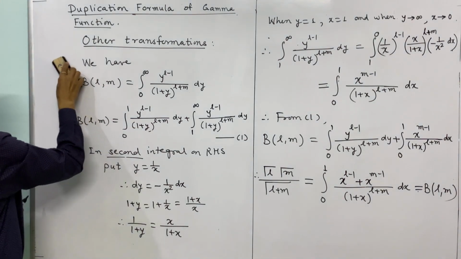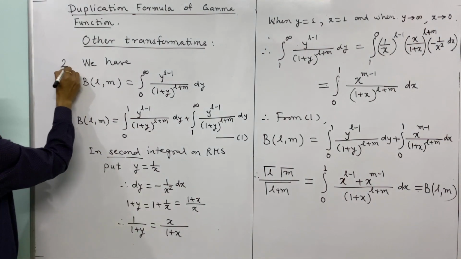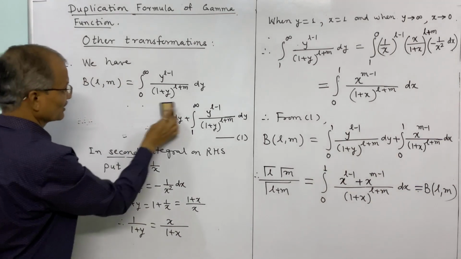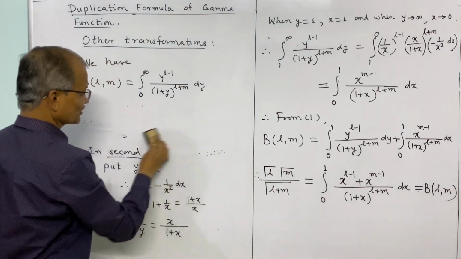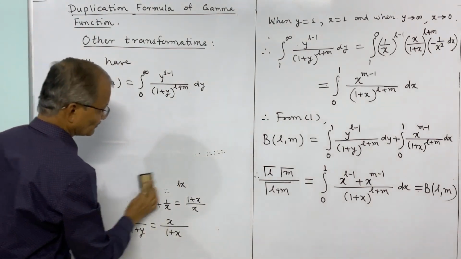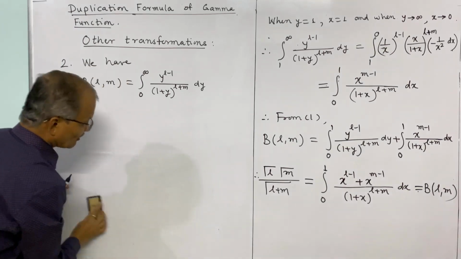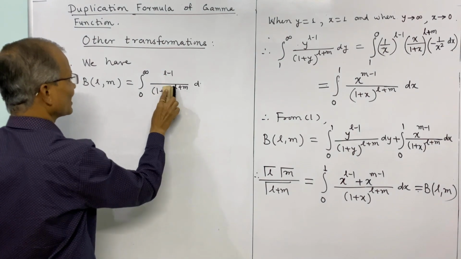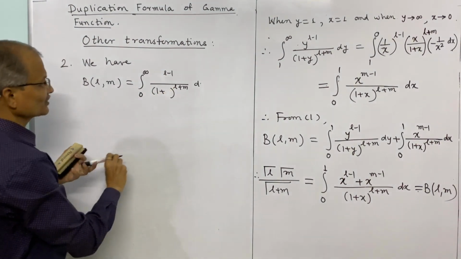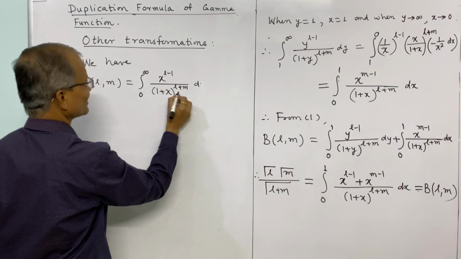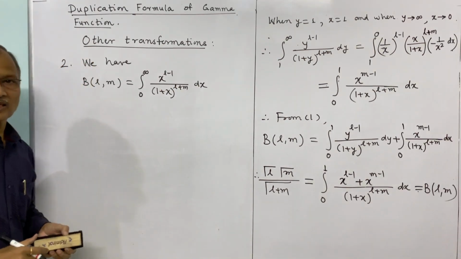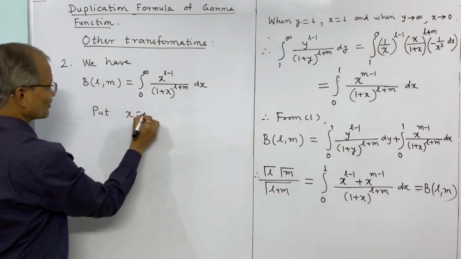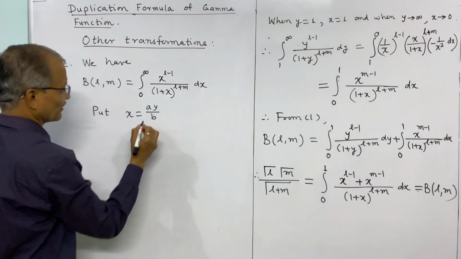Now second, we shall consider writing this same beta function in terms of this y, or it may be written in terms of x. So I shall write this in terms of x. The variable can be changed; we may write it in terms of x or y, but I shall consider it in terms of x. And now I put the substitution x equal to ay divided by b.